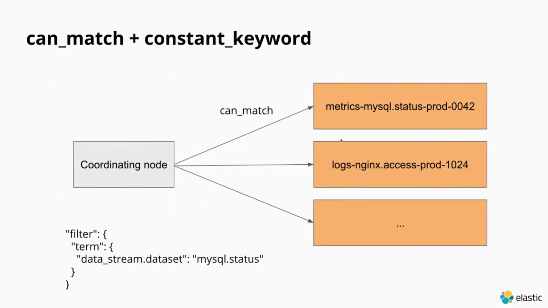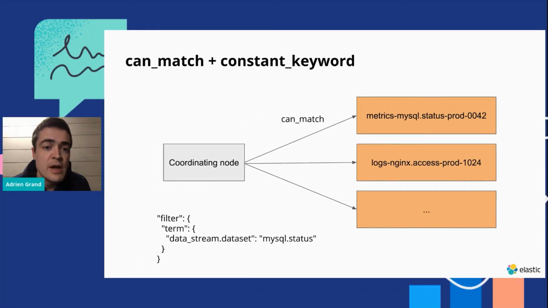So here's how it works. Say you're an Elasticsearch coordinating node that needs to execute the filter that's displayed on the slide. So a term filter on the dataset field that looks for the mysql.status value. So Elasticsearch is going to go to all your shards and perform a can match phase. Is there potential for a match for this filter on this index?